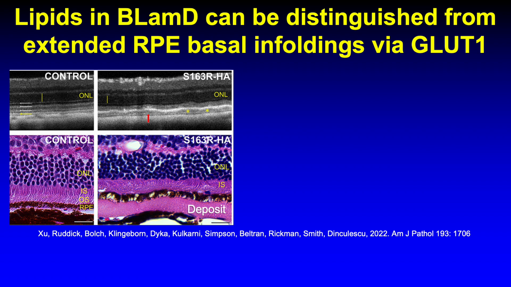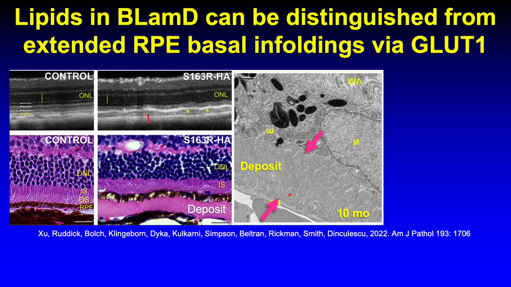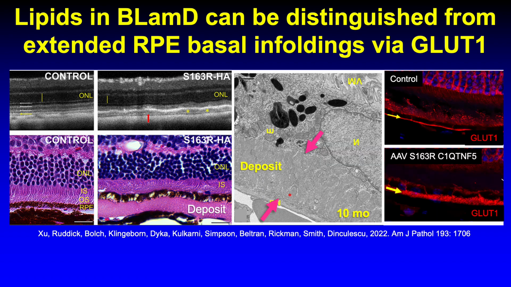And this is especially important because in some situations the lipid is not neutral lipid at all, but rather membranes of the surrounding cells. This model of LORD, produced by an adenovirus vector, has a thick BLamD visible in OCT and histology. And here it is by electron microscopy.